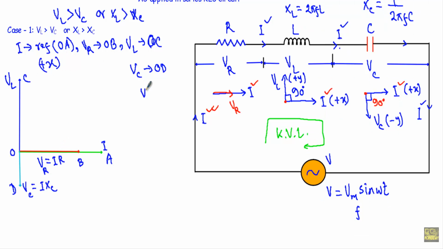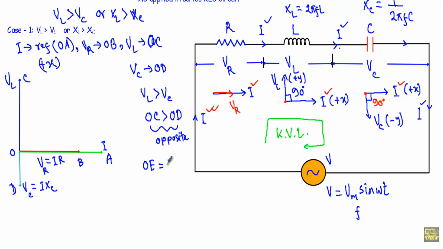In this case, VL is greater than VC, so our OC will be greater than OD, and at this origin this OC and OD are going in the opposite direction. Therefore, the resultant of this OC and OD, let's say I denote that with OE.